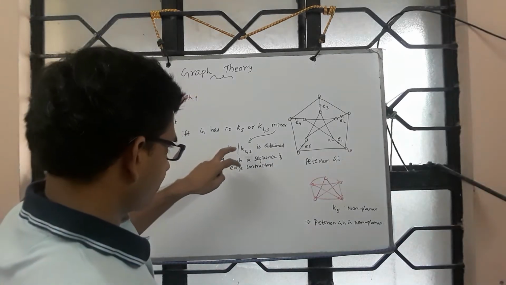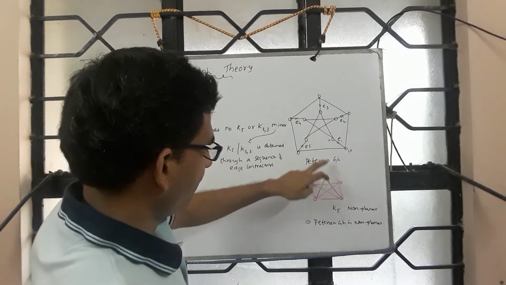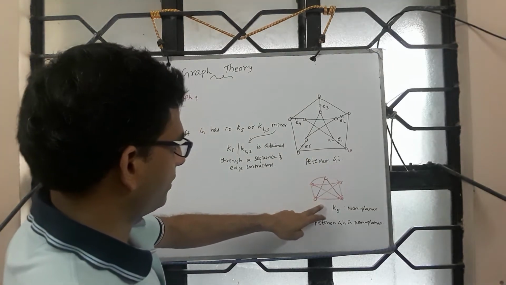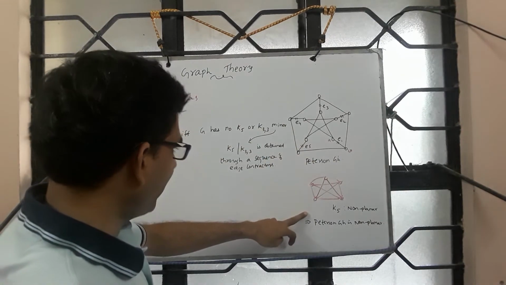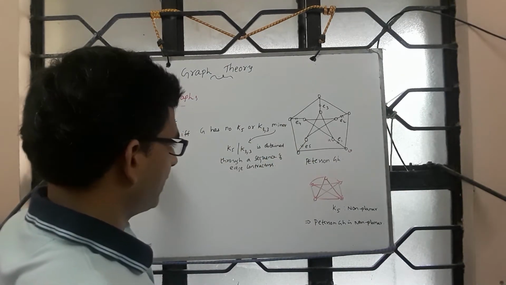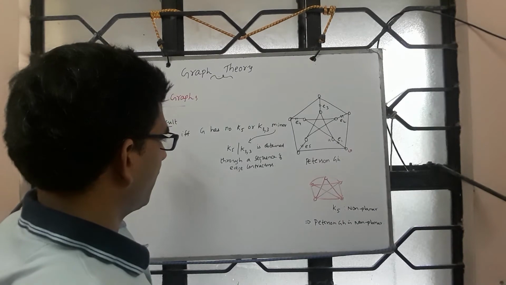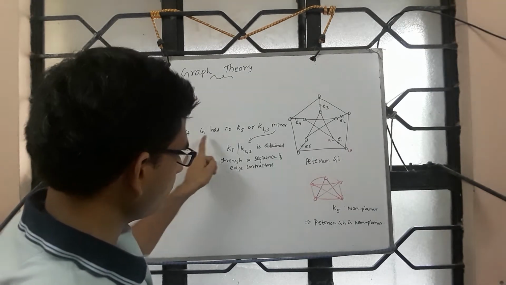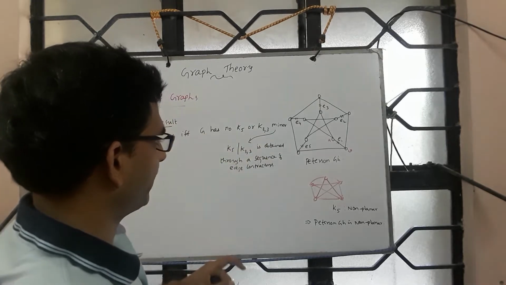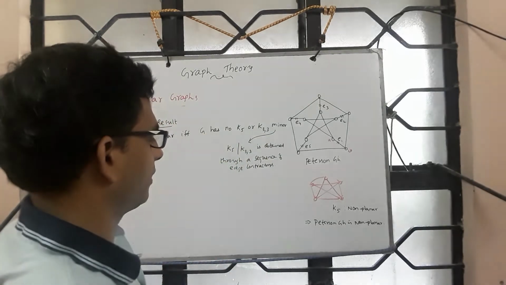If you can obtain K5 or K33 through some sequence of edge contractions, then the graph is non-planar. And if it is planar, it's if and only if. If it is planar, then there is no K5 or K33 minor.